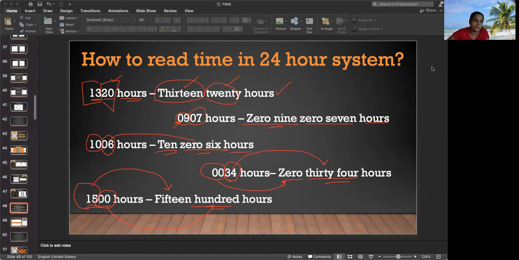And what about converting them to the 12-hour system? So that's the other thing. When you have 13 20 hours, you know 13 is the 13th hour of the day, which means it's 1 o'clock, and that 20 means it's 20 minutes. So you write your 20, and then you know this is already way past 12 midday or noon, so you write PM.